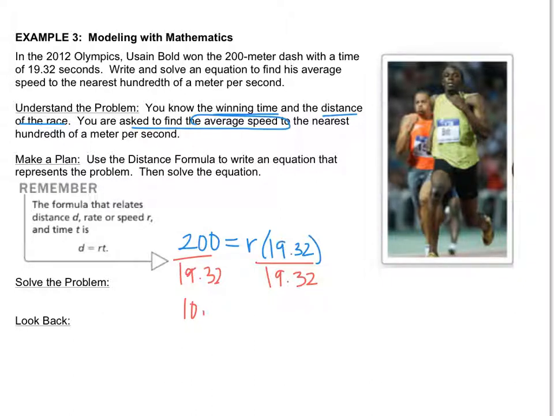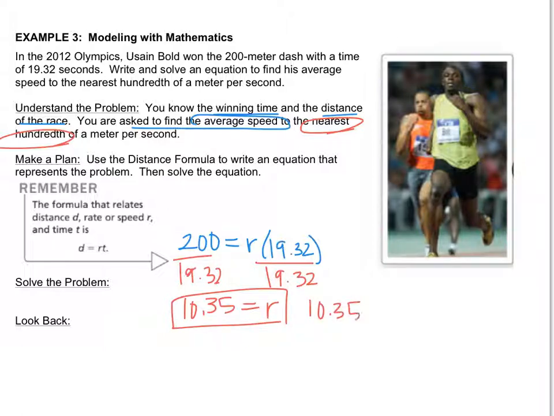I have to read closely. It says to the nearest hundredth of a meter, so it's not 10.4. It is 10.35, because they want it to the nearest hundredth. So that's the answer I got, 10.35 meters per second. That's the abbreviation for it.